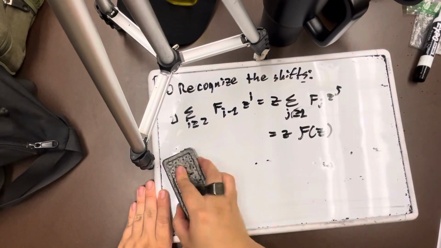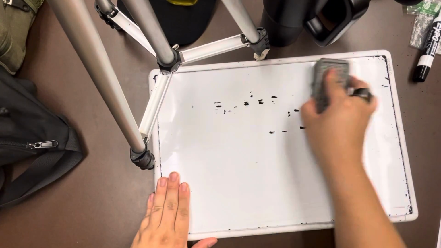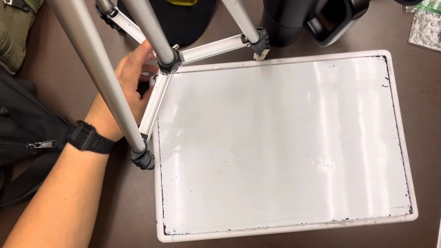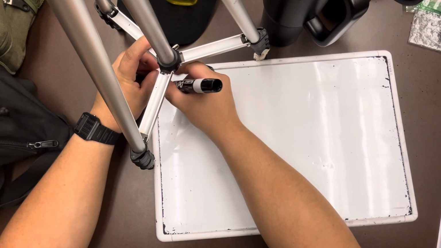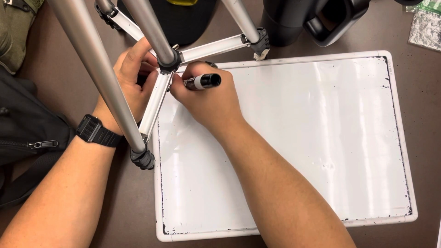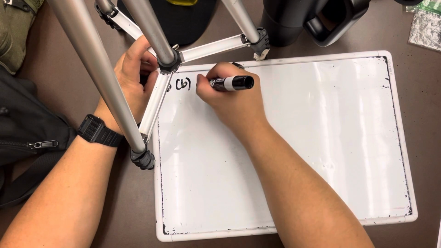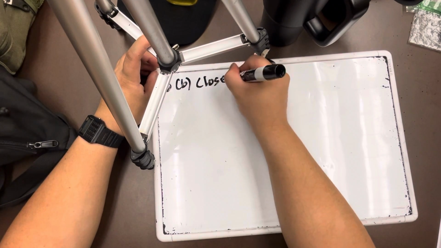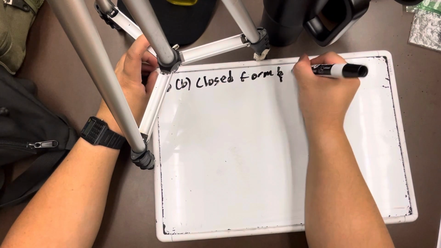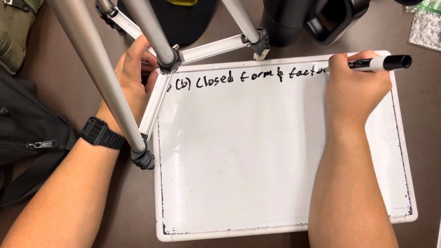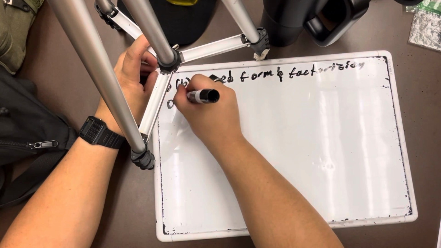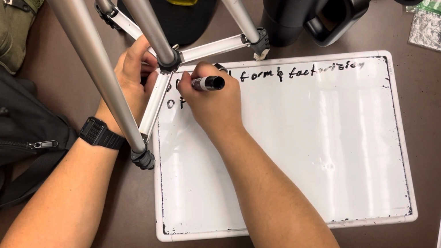Now let's go on to the second part, part 2, which I'll use A, B, and all that interchangeably. So closed form and factorization is what we're looking at here. Now from part 1, or, well, let's call this 2 actually.